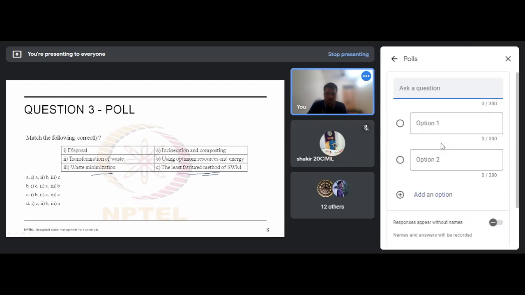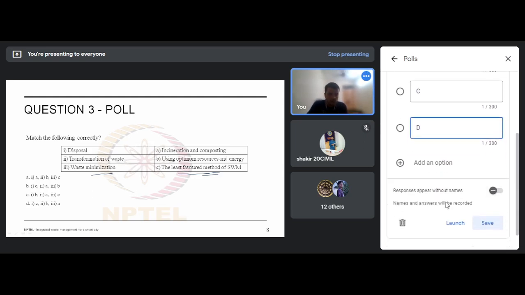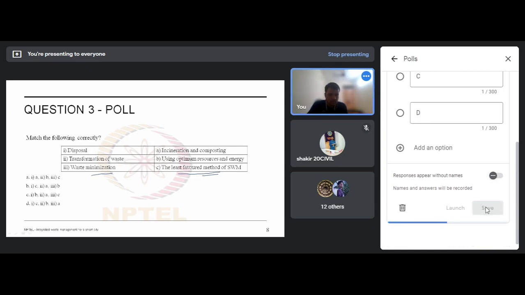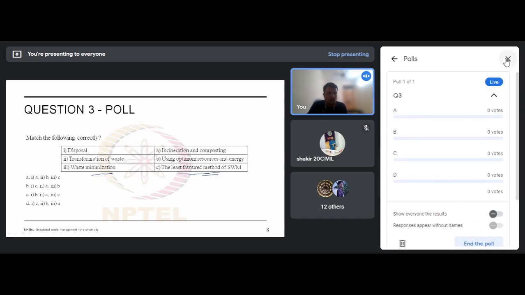It's question 3. I hope you can see the options A, B, C. The poll is live.